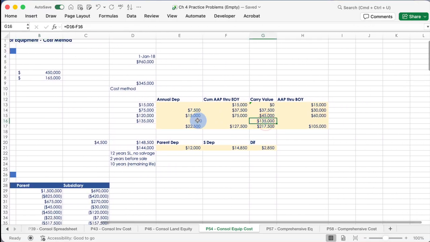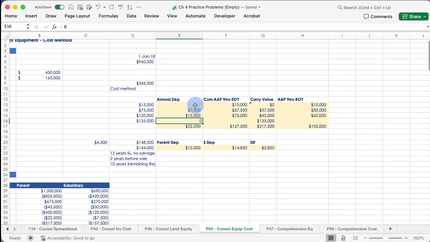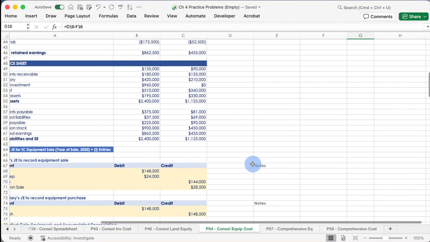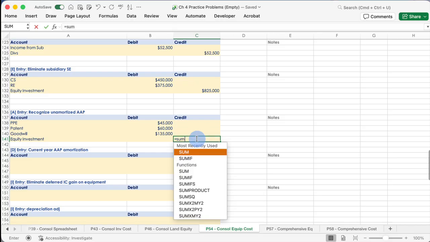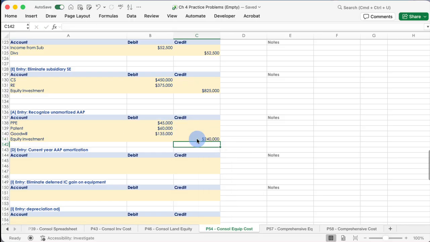Okay, great. Just since I want to make sure I didn't mess up that formula. But so that's good because there is no amortization to the goodwill. So we wanted to pull that number straight down. Then we'll do a sum here for 240,000.